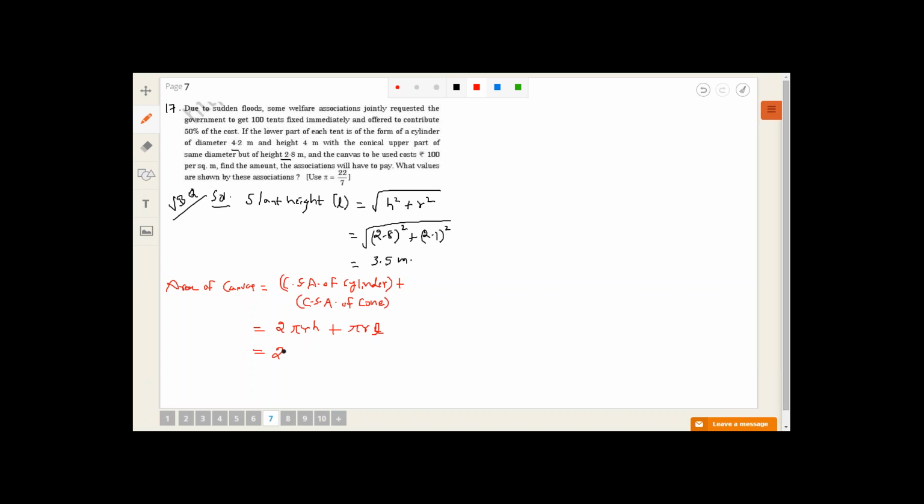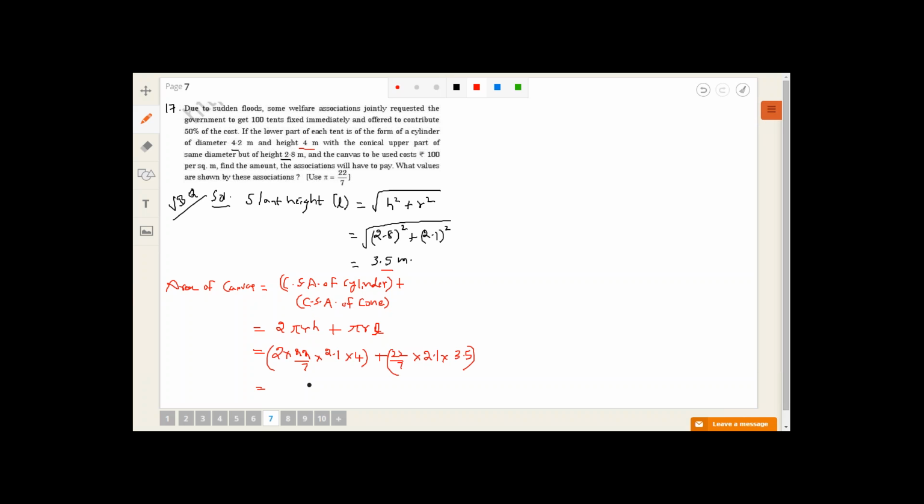So substituting the values, we get 2 into 22 by 7 into radius 2.1 into height 4 meters, which is given, plus 22 by 7 into radius 2.1 into slant height 3.5, which we have calculated here.